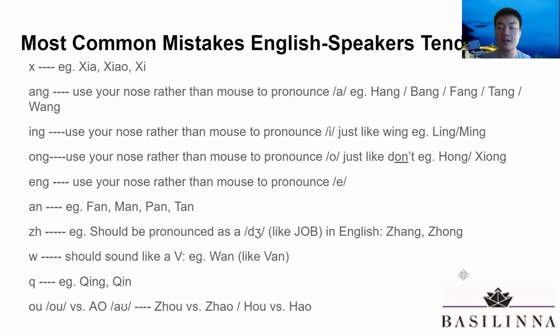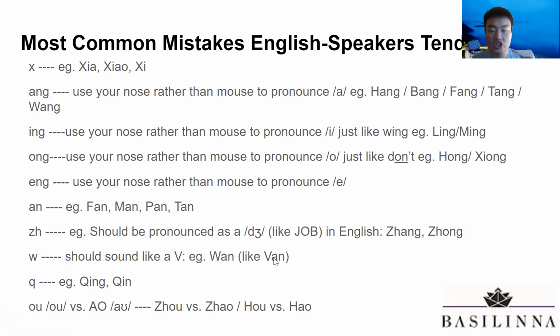So this is quite similar. There are also some examples we could practice, and this pronunciation sounds quite similar to English sounds. For example, the first one would be fan, second one, man, third one, pan, last one, tan.